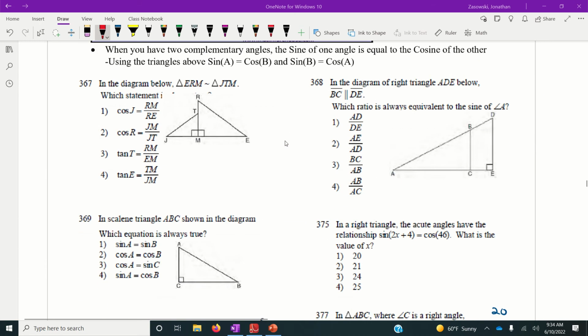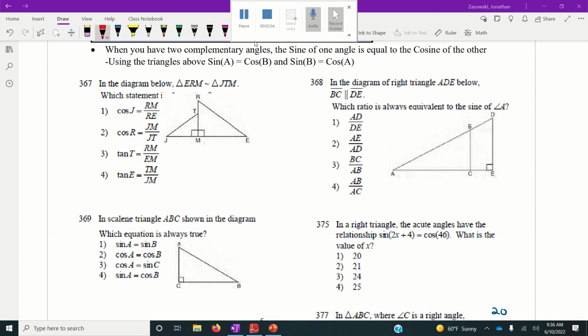Now, the first few questions here don't involve actually doing a lot of the work. What we're going to talk about in the first few questions is the fact that anytime you have a right triangle, we have two angles that are going to be complementary, which means that they're going to equal 90 degrees.